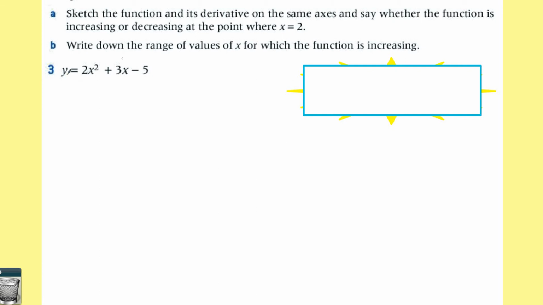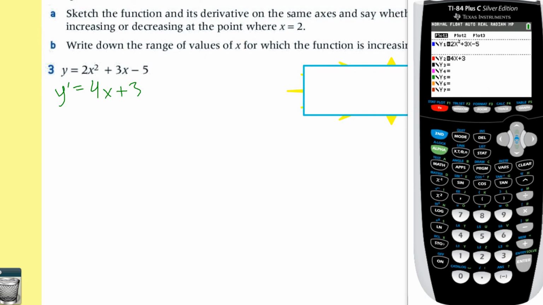So this is the original function, so our derivative function should just be 4x plus 3. Now get out your graphing calculator and put in the y equals for each of them. I already have it, so 2x squared plus 3x plus 5, and the y prime is my second one. As you can see, both the equal signs are highlighted or darkened.